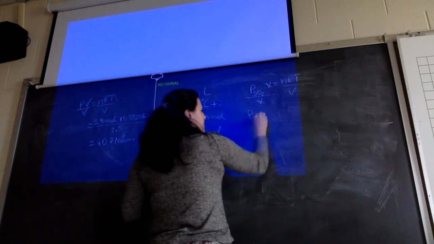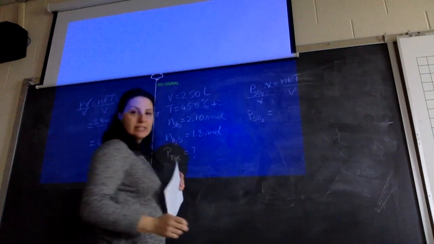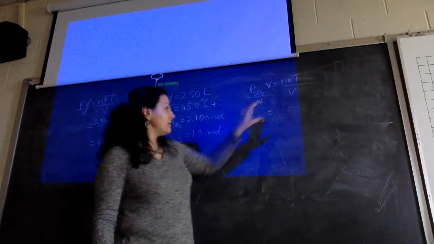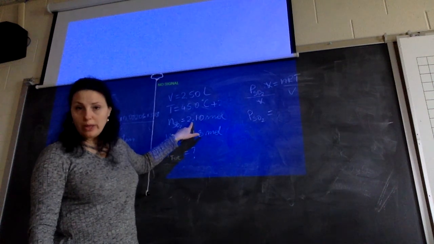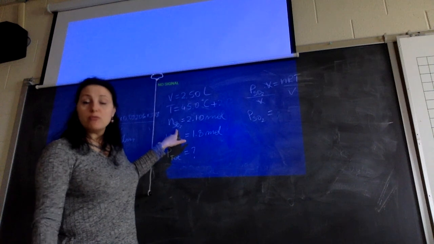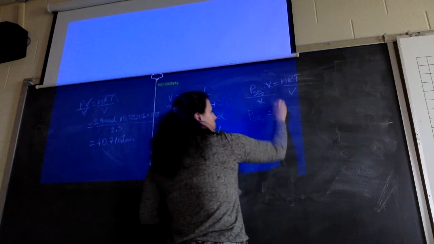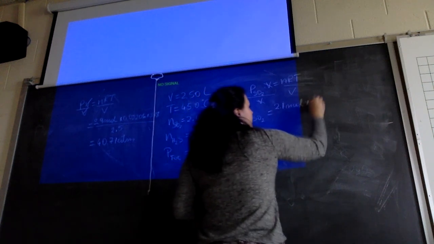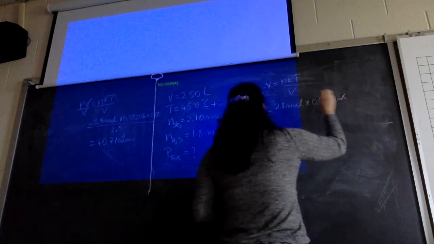So pressure of SO2 is equal to n times R times T over V. But the n is not the total number anymore. It's going to be 2.1 moles, which is the number of moles of just SO2 gas. So 2.1 moles times 0.08206 times the temperature.